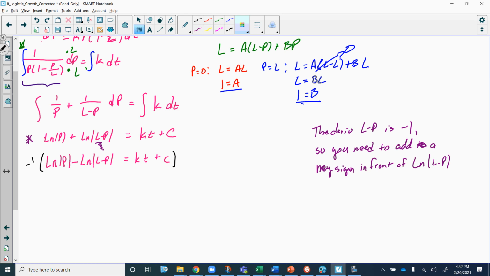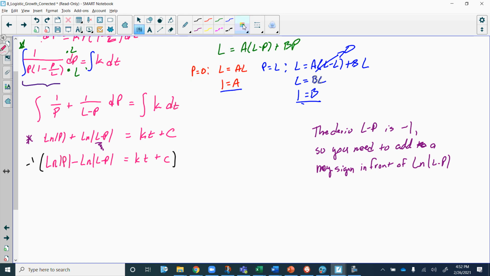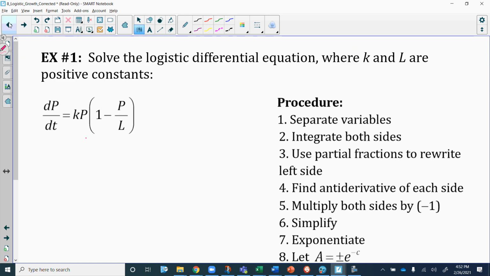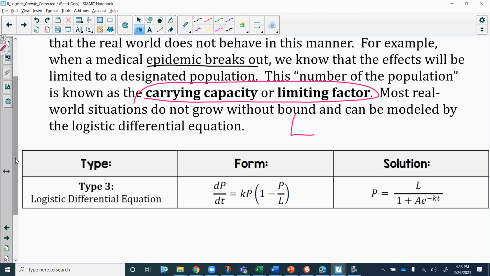Multiplying the entire equation by a negative 1 will give me a positive natural log of L minus P minus the natural log of P to be equal to negative KT minus C. If you go back and look at the general solution, you'll notice it does have a negative sign on the K value.